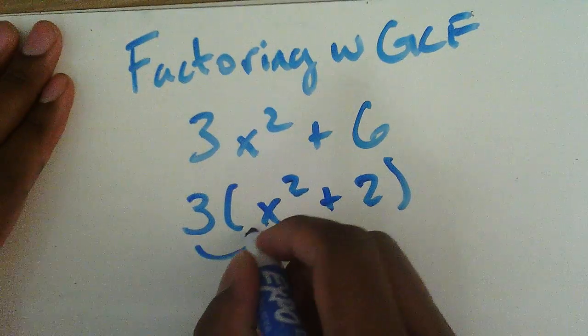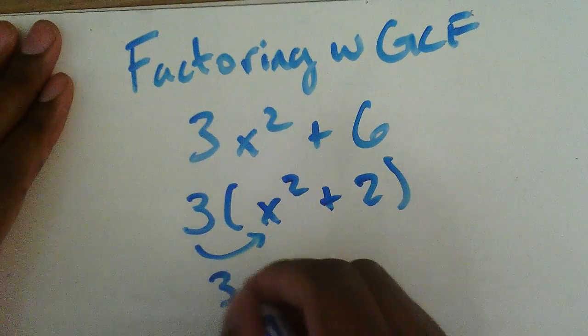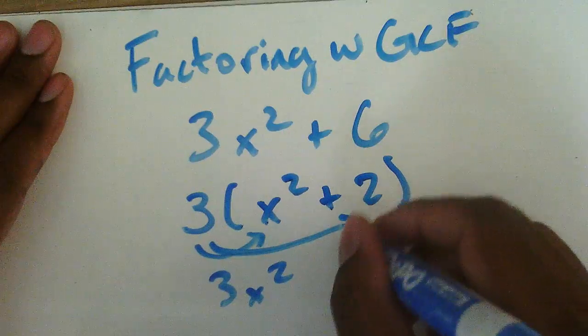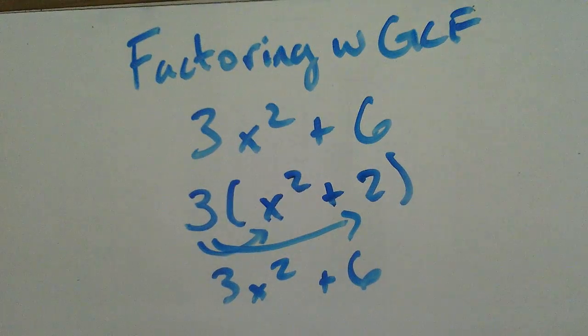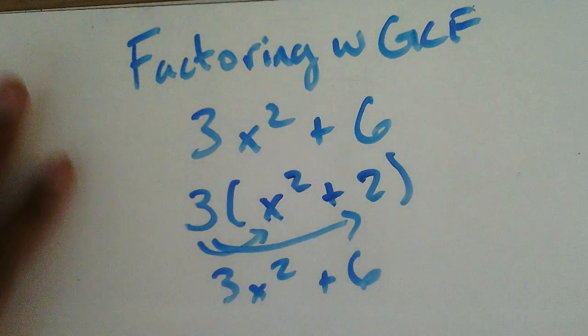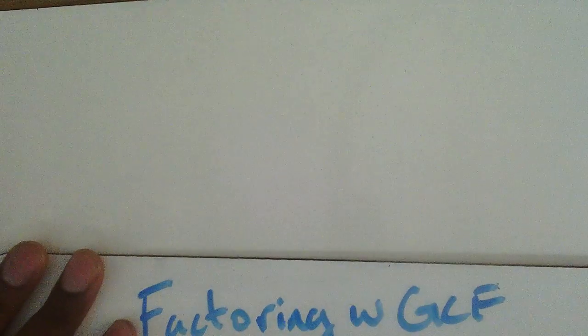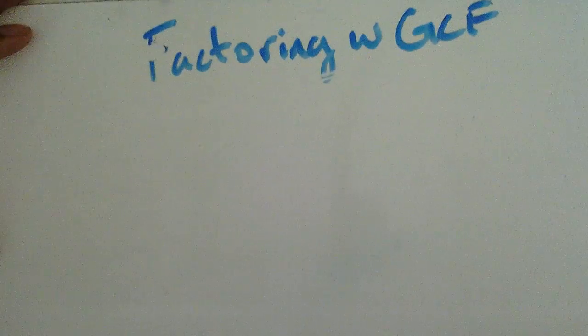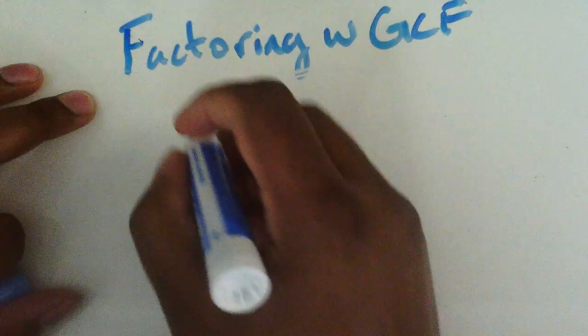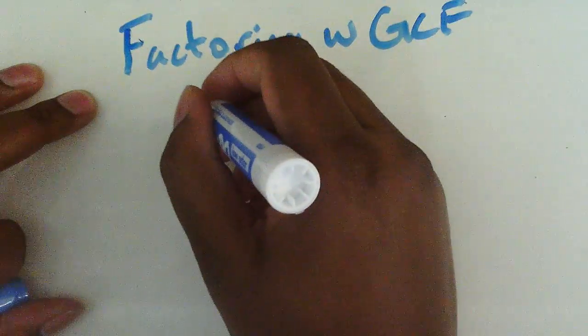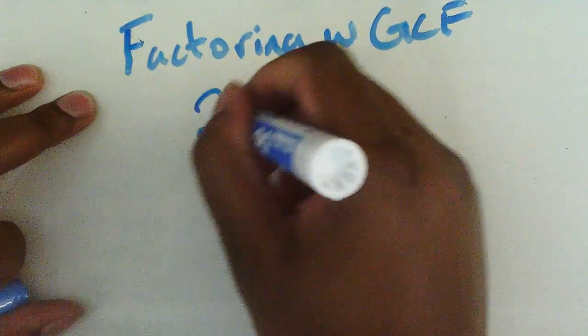Because if you do 3 times x squared, that gives me 3x squared. And if I do 3 times 2, that's going to give me plus 6. So factoring with GCF can be very, very helpful to us. Let's do another example. Let's say that you have 2x plus 4.